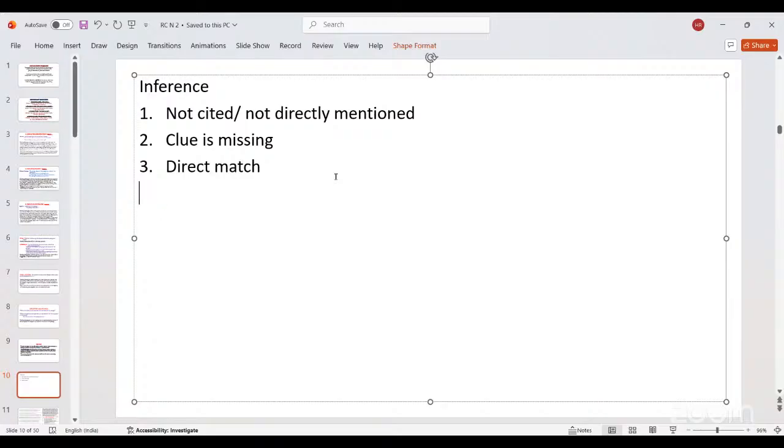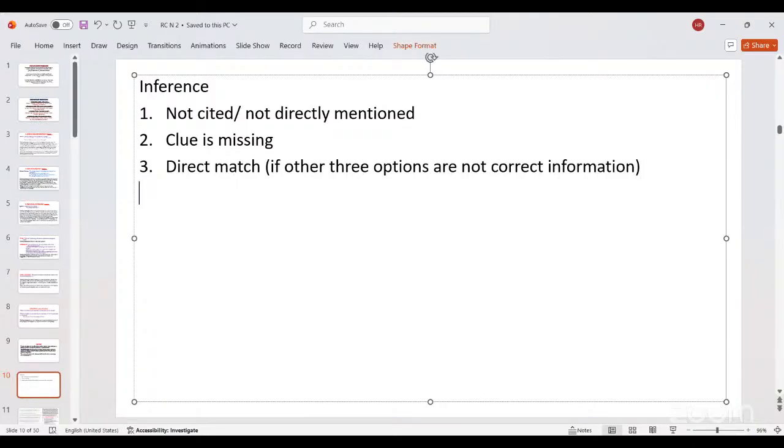But remember, it can be the answer if the other three options are not correct information. When you are inferring, at least it should be correct information, right?